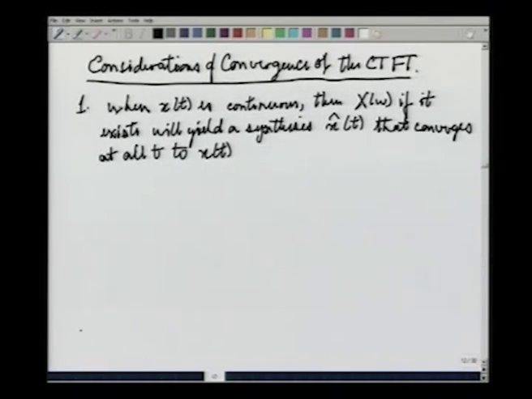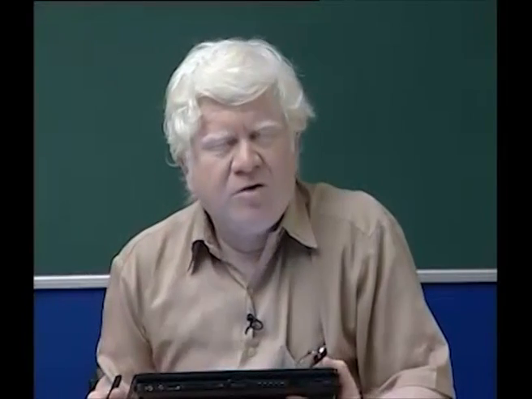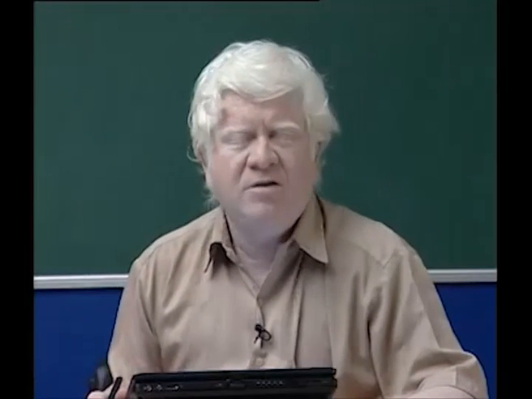That means there is no problem of convergence when X(omega) exists for a continuous function x(t), a function without discontinuities, then the synthesized function x hat of t will converge to x(t) at all points t.